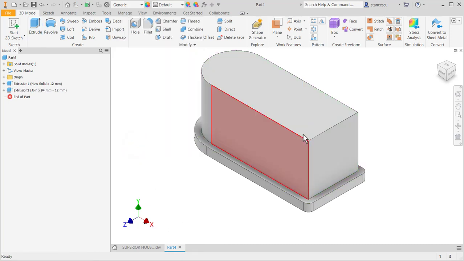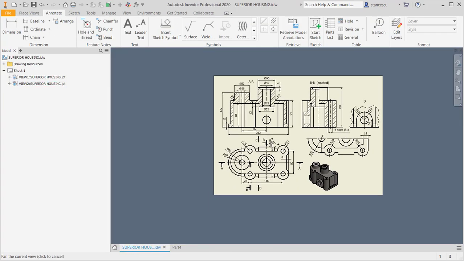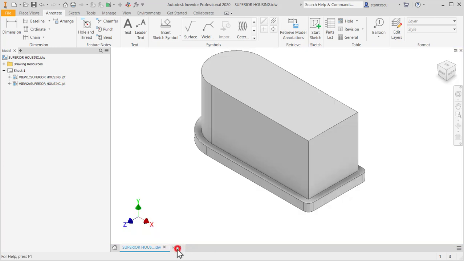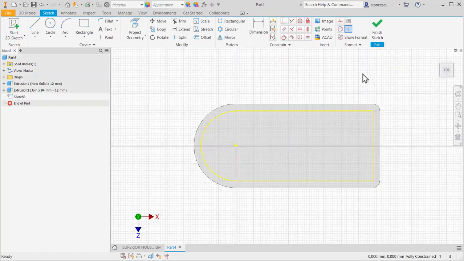Now the 4 cylinders. As you can see, they are placed on these two lines. So if I start from up, it is better, because I create 4 circles.